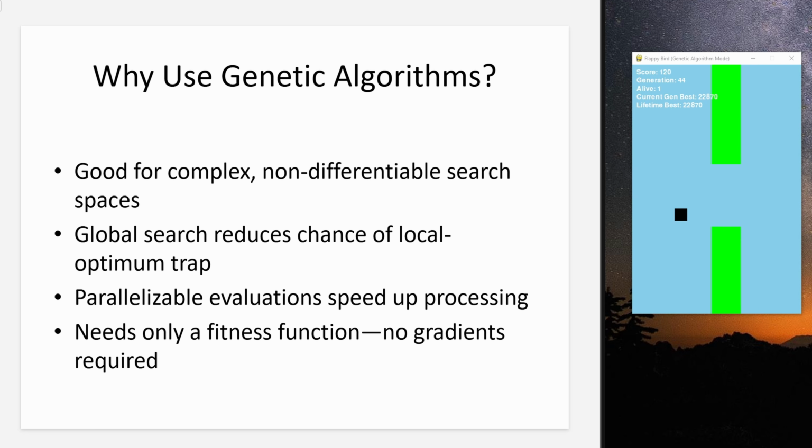From there, the individuals will keep the better treasure maps. We're going to mix parts of the good maps together or make small random changes. So for the first result, keep the better treasure maps. That's going to be your elitism.